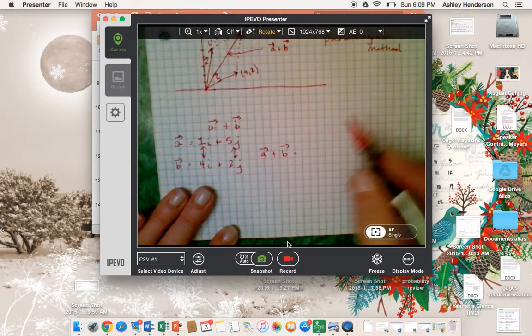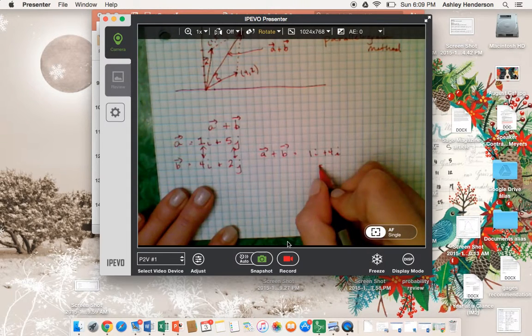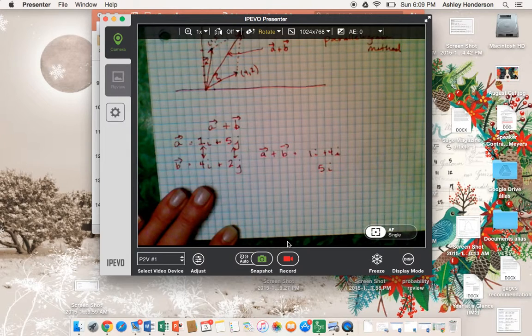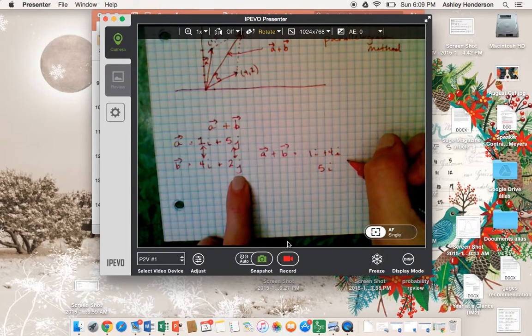So 1i plus 4i gives us 5i. Okay. And then 5j plus 2j is going to give us 7j.